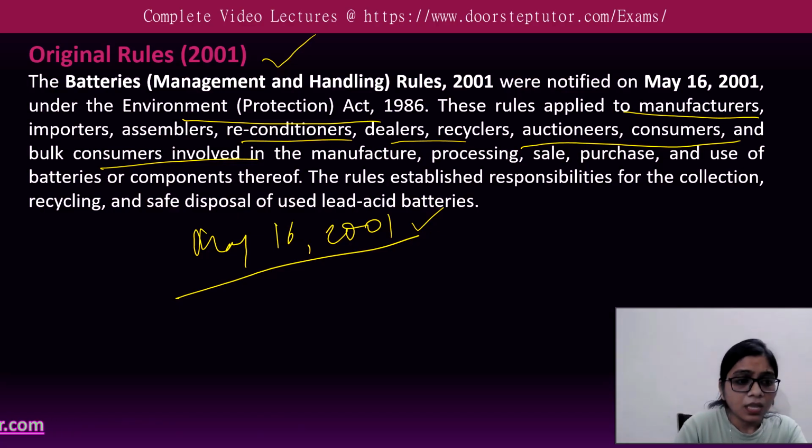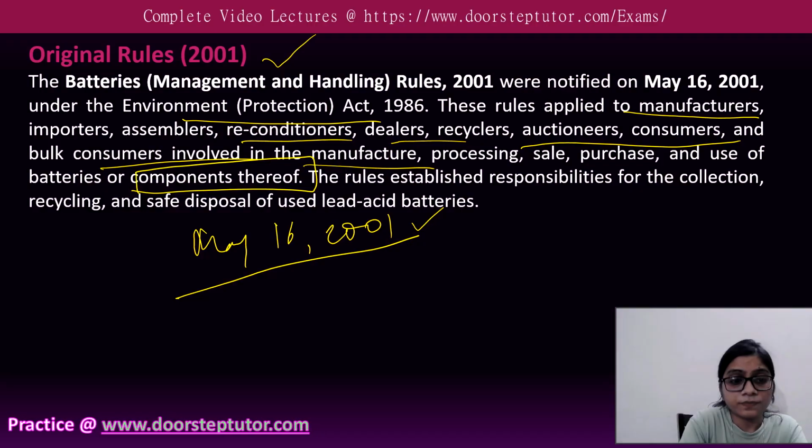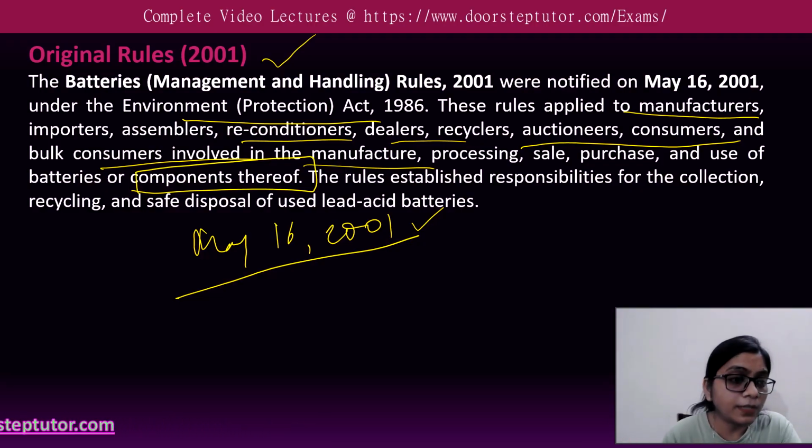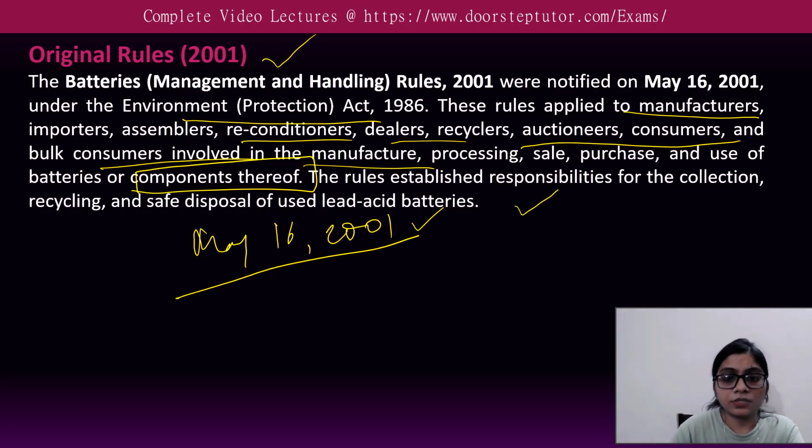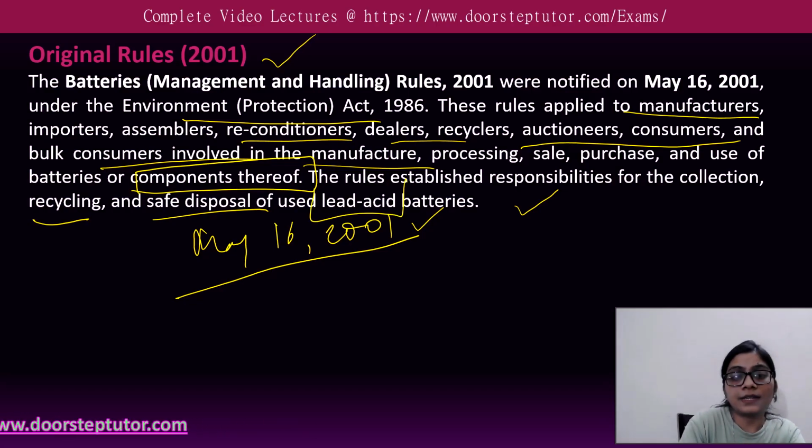All kinds of people, basically those who are involved in the manufacturing, processing, sale, purchase of any battery, if they're anyhow dealing with the batteries or their components, will be directly or indirectly covered in this particular act. The rule is going to establish the responsibility for the collection, recycling, and also how you're going to dispose of them, and especially they're talking about the lead acid batteries.